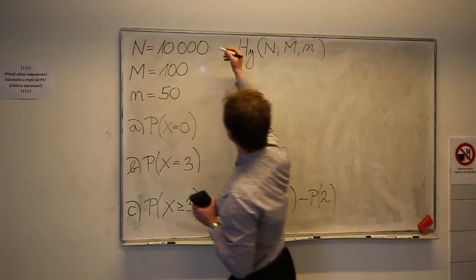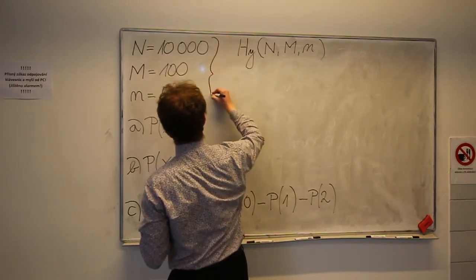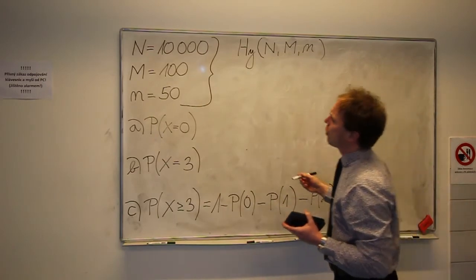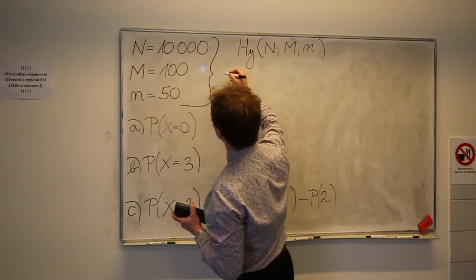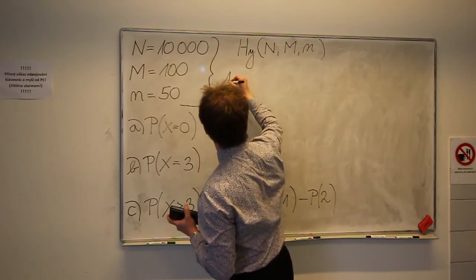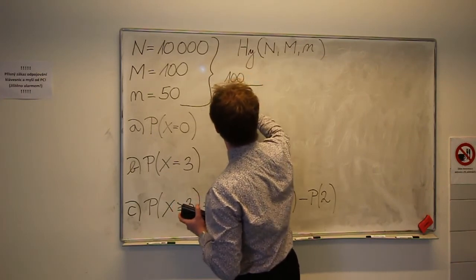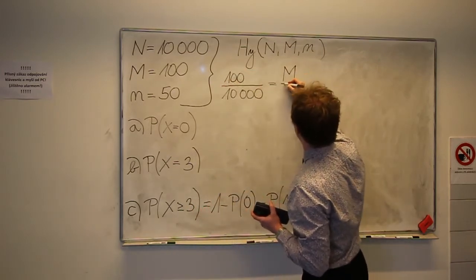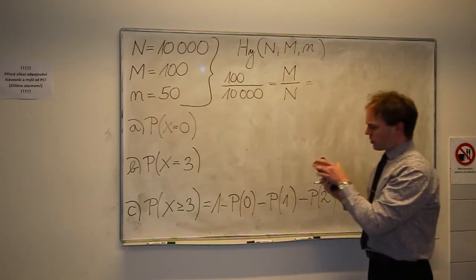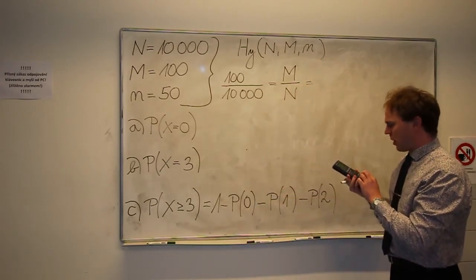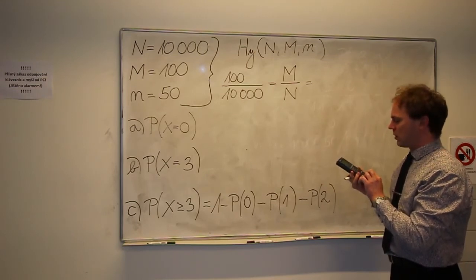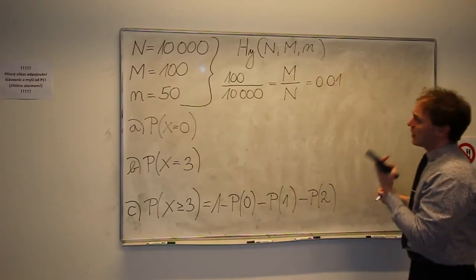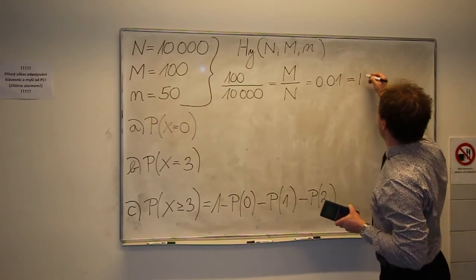So, can you see these three parameters? We can calculate the ratio: 100 divided by 10,000, and this ratio will be capital M divided by capital N. In our situation, the result of 100 divided by 10,000 is equal to 0.01, and this can be denoted like p.